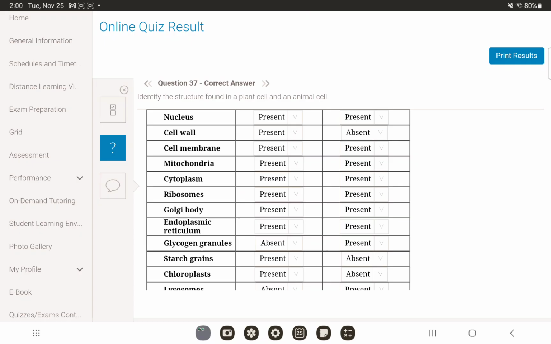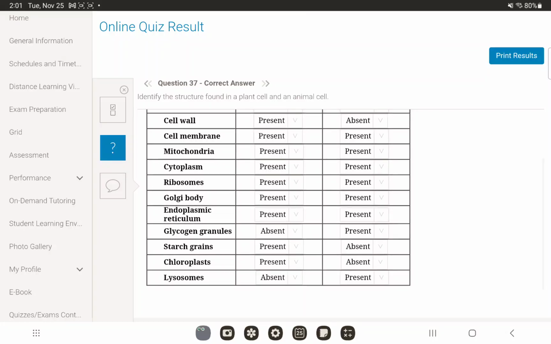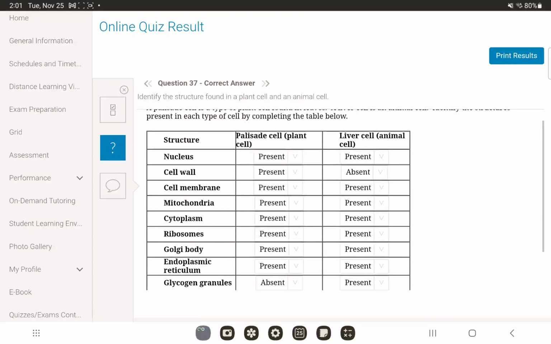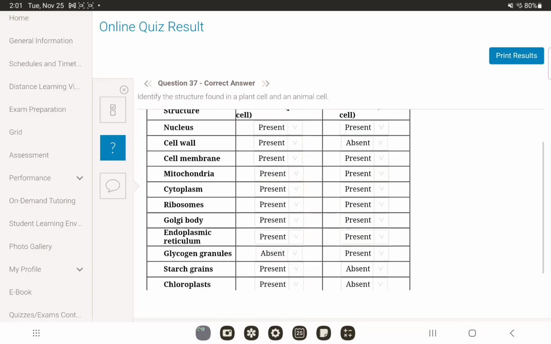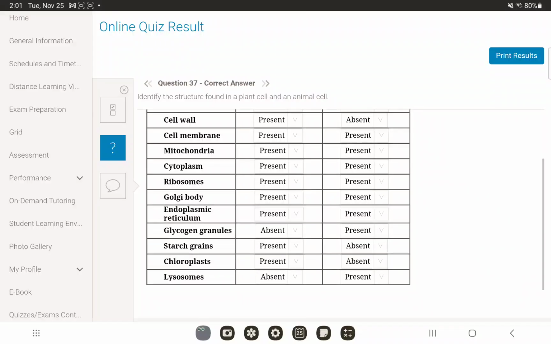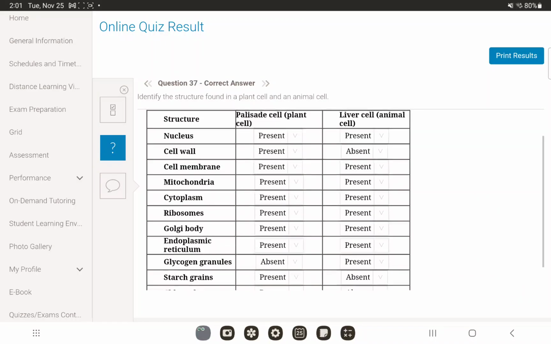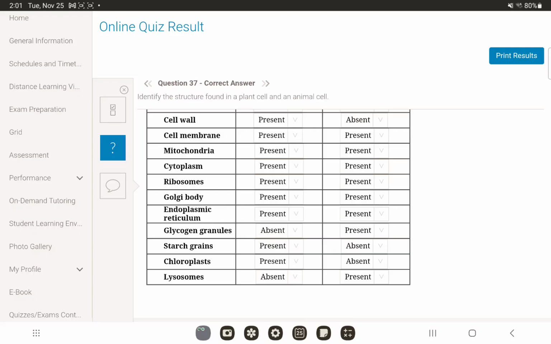The way I would memorize this is that everything except for glycogen granules and lysosomes are present in plant cells, but in animal cells, cell walls, what else? Starch grains and chloroplasts are not present, but everything else is.